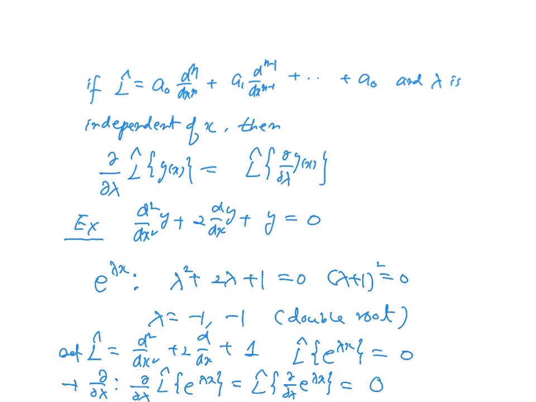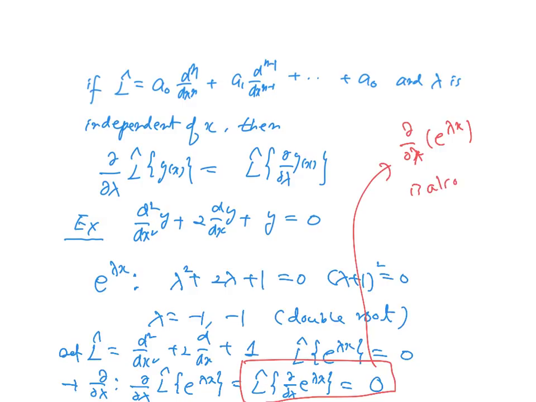So look at this part. That means partial lambda of exponential lambda x is also a solution, right? If L is 0.